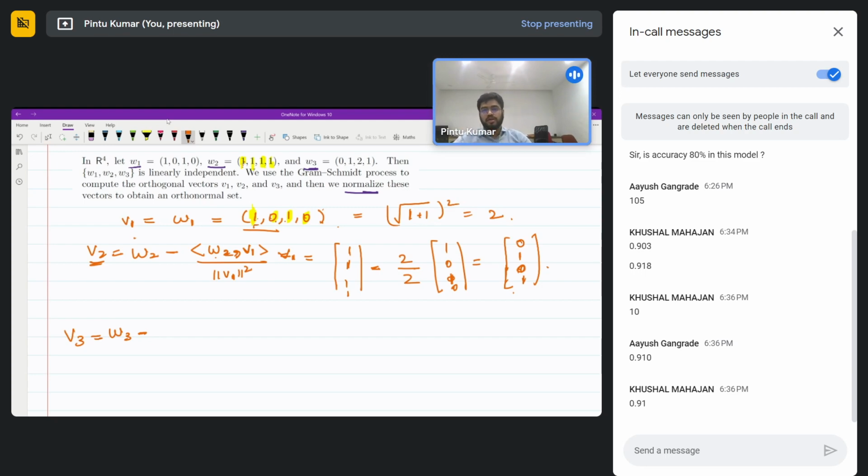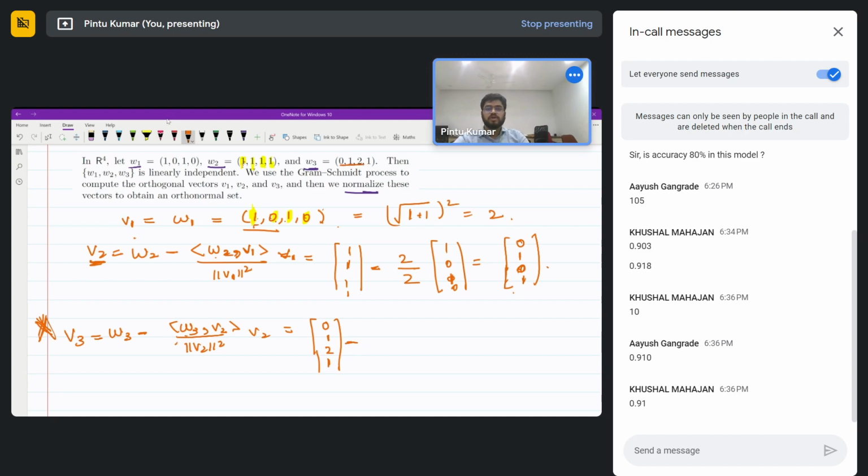अब क्यों करना है? क्योंकि अगर हम लोग मान लो बस W2 वाला कंपोनेंट सब्ट्रैक्ट करें, let's say what we do is W3 minus (W3·V2 divided by V2 norm squared) into V2, तो क्या मिलता है? This is not correct right now, but we are just checking कि अगर हम लोग ऐसा करें तो क्या होता है. ठीक है, तो this would be 0 1 2 1 minus again this V3 into W2.